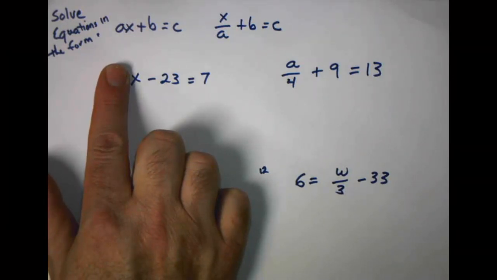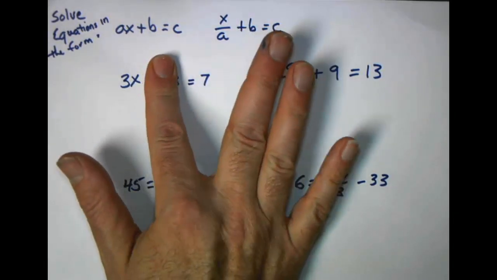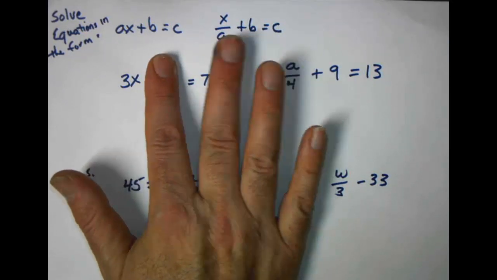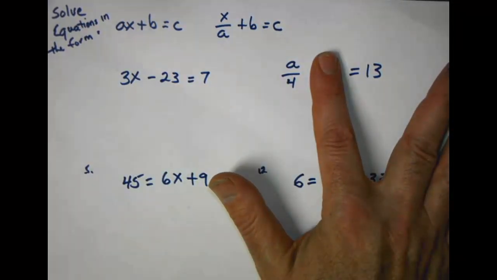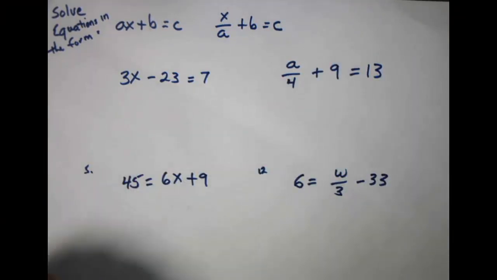We were just adding or subtracting numbers from the variable. Then the second group we did, if I covered up this part, we would have 3x is equal to 7, where we had a multiplication or a division problem. Well, now they're combining the two. So now we have a two-step algebraic equation.